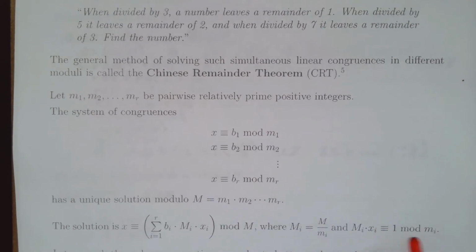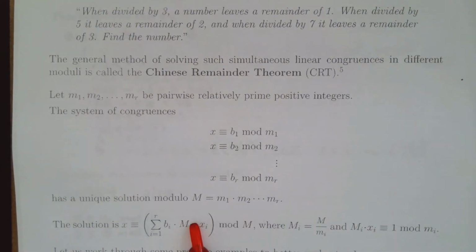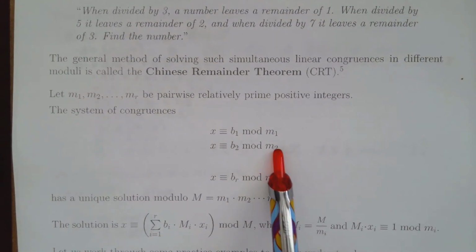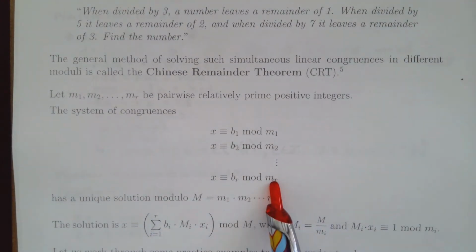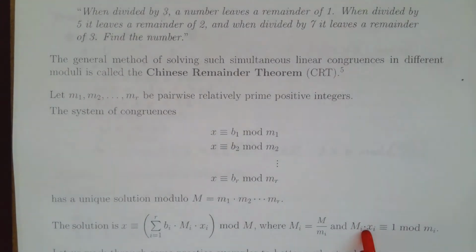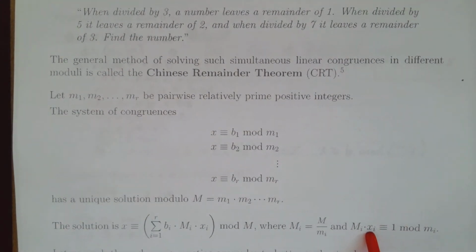So in other words, capital M sub i is the product of all of the other moduli, and x sub i is the multiplicative inverse of that capital M sub i.